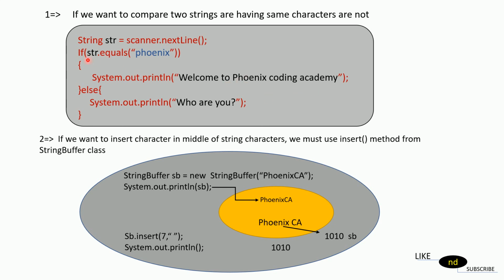If the input from the user and the equals method's argument are not the same, then the equals method will return false. If it returns false, then the else part will execute here, and it will print "who are you", right?